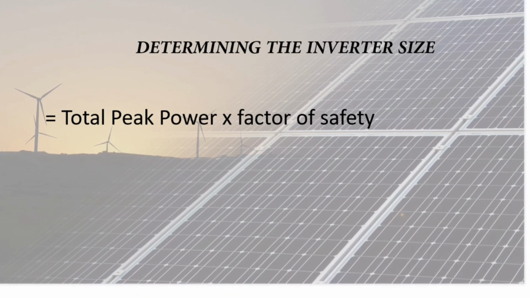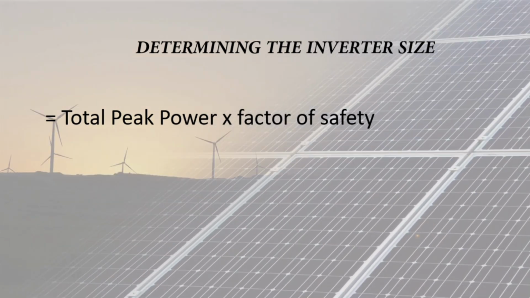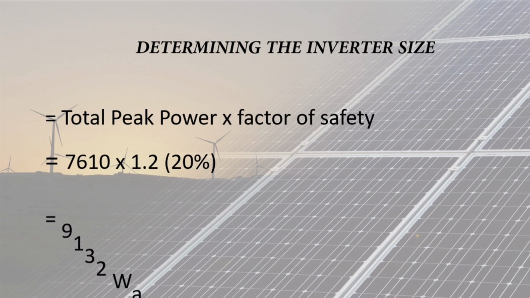The total peak power is 7,610, so we multiply it by 1.2. We got our inverter size being 9,132 watts. So this is the inverter that is needed to operate a system of the given devices.